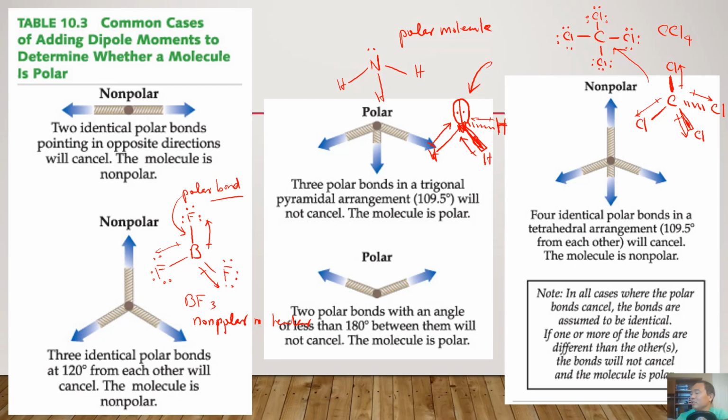However, because carbon tetrachloride is in the ideal tetrahedral shape, the bond polarities are totally symmetrical in all directions, so the tug of war is totally balanced. So this molecule does have polar bonds, however the bond polarities totally cancel out. So it's polar bond, however it's a non-polar molecule.